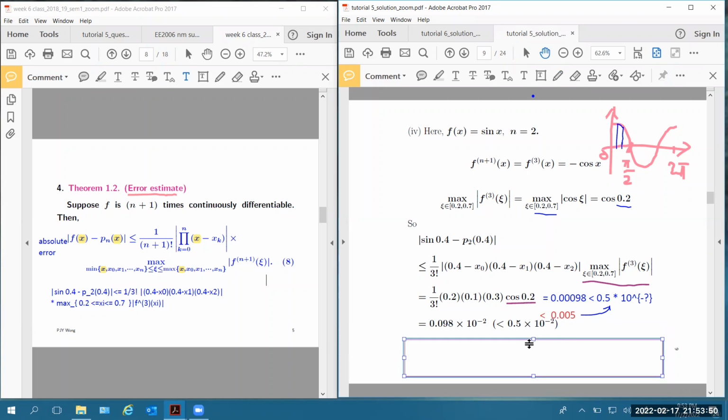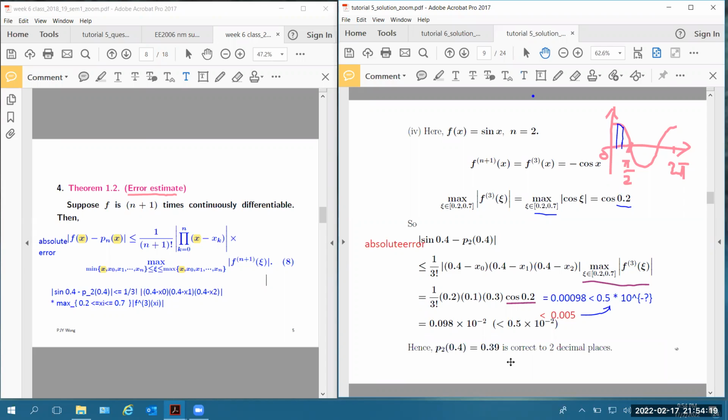And now you can draw a conclusion. This one is the absolute error, and the absolute error is less than 0.5 times 10 to the power of minus 2. So what does it mean? It means that your approximate value is correct to 2 decimal places.